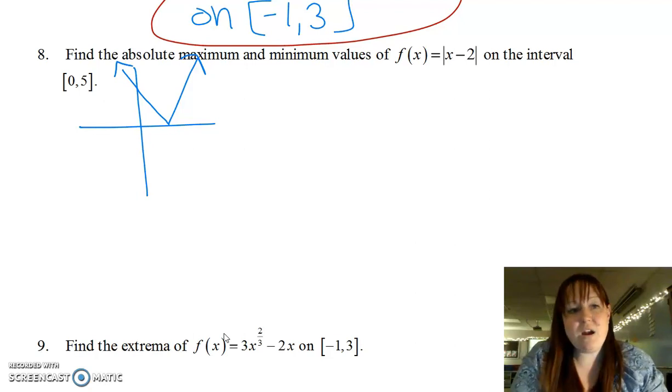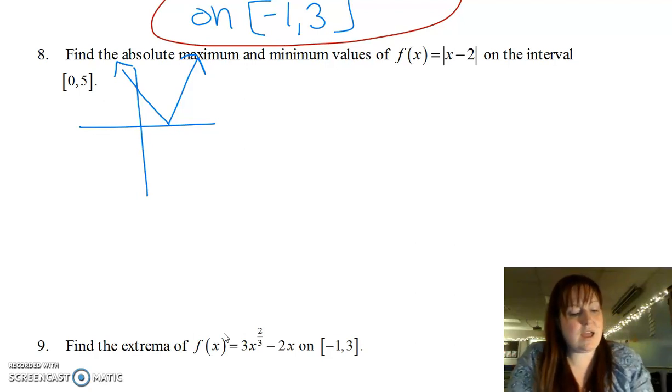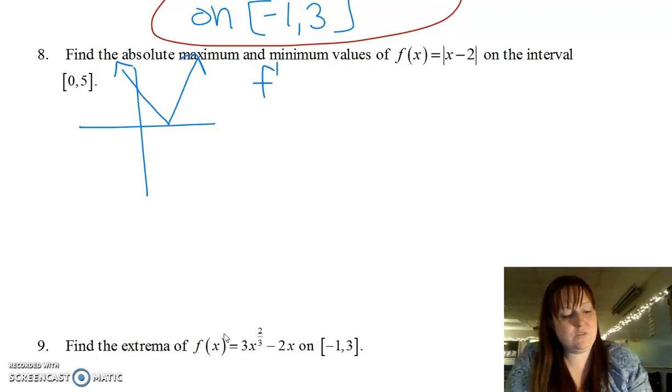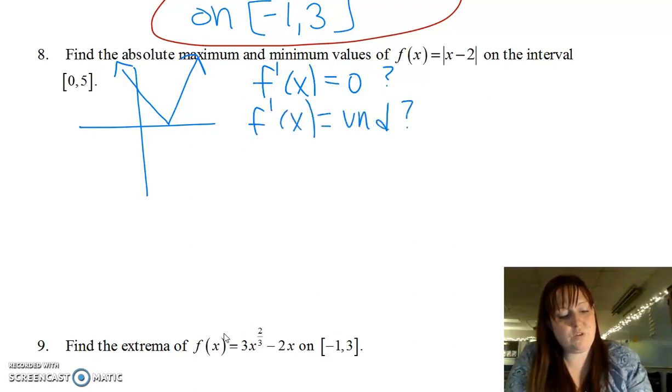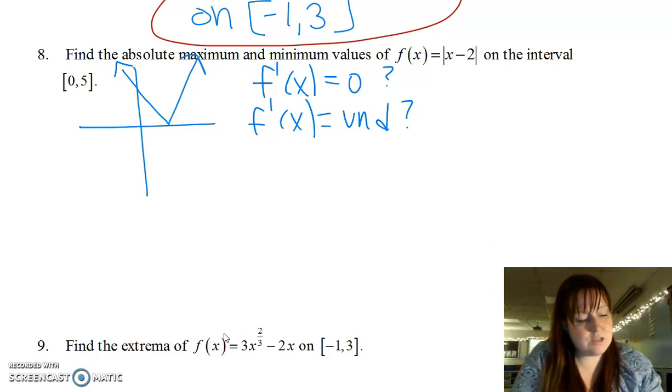So where is the derivative equal to 0? And where is the derivative undefined? Okay. So first is the derivative on 0 to 5, which is somewhere around here. Is it ever 0? No, because we don't really have any peaks or valleys.